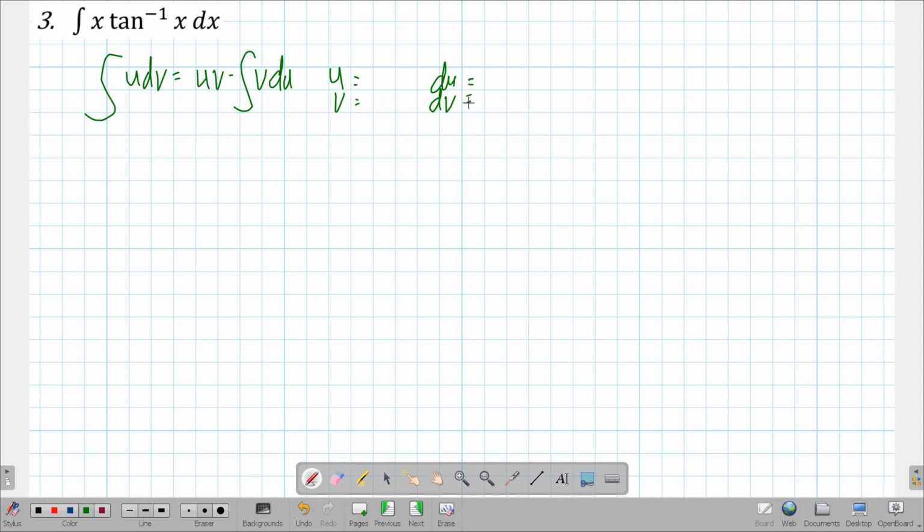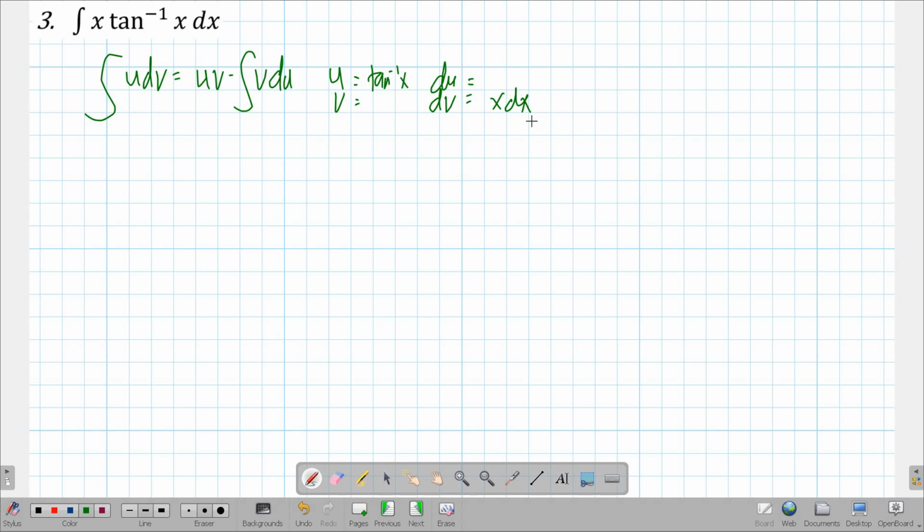Obviously, we don't have an integration formula that comes out as inverse tangent. So it would be easier for us to let the inverse tangent of x be our u and x dx be our dv.